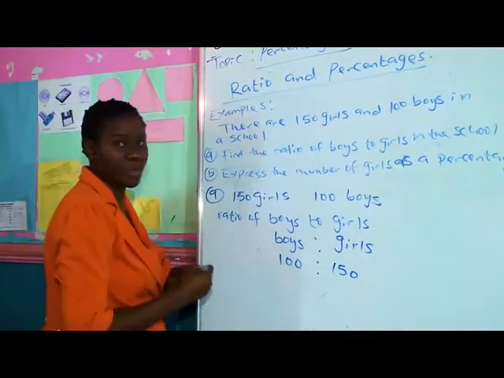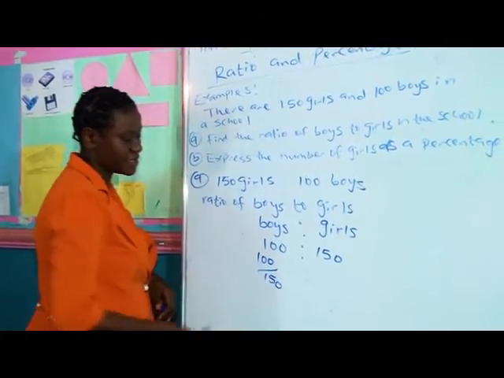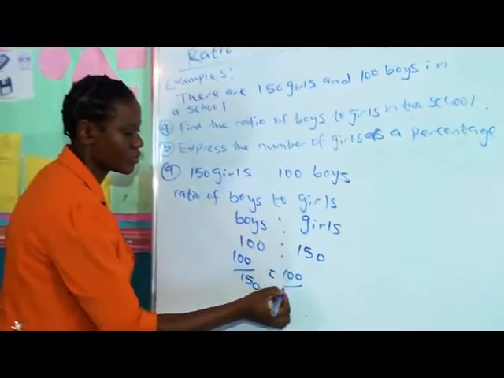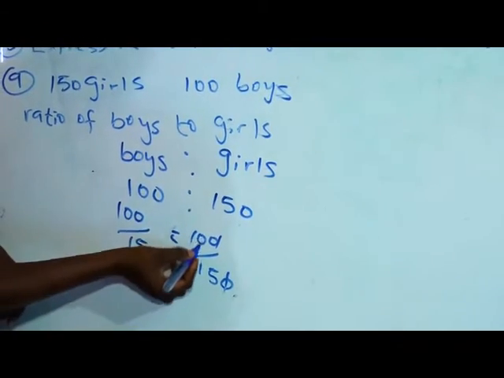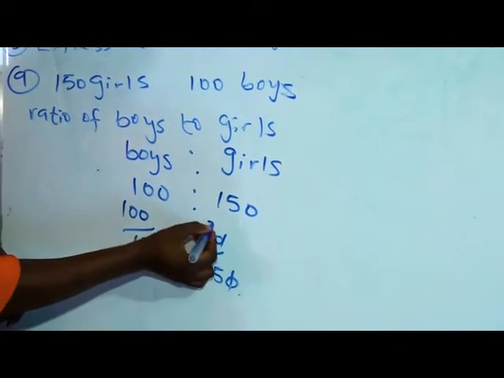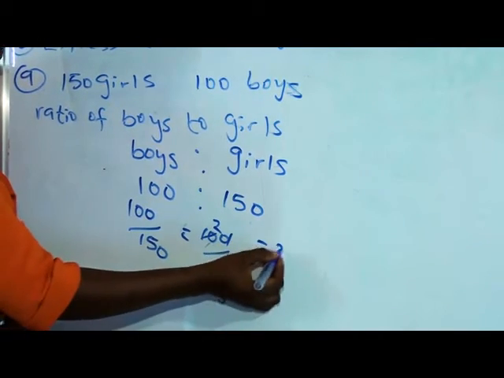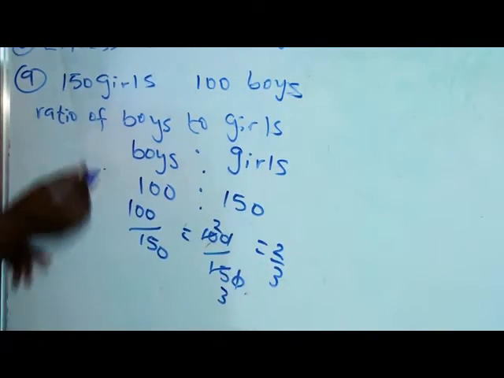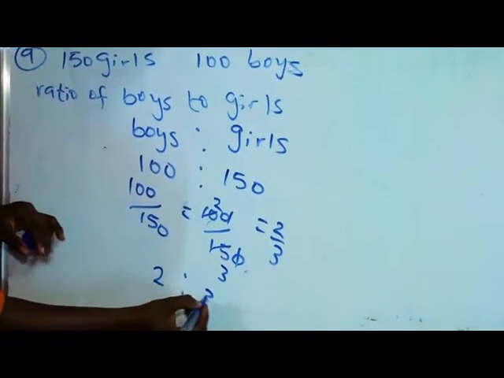So we could do it this way. 100 divided by 150. 0 crosses out 0 here. 5 could divide 10 to give us 2, and 5 could divide 15 to give us 3. So we have 2 over 3, a fraction. Coming back to our question, it becomes 2 ratio 3.